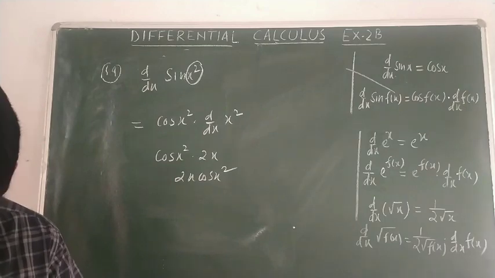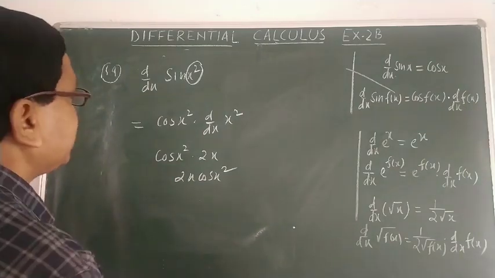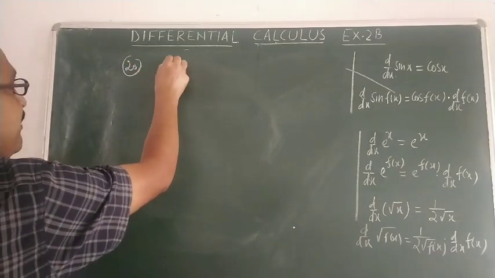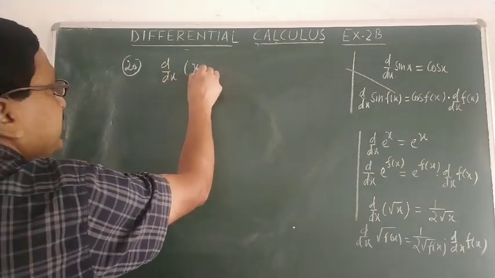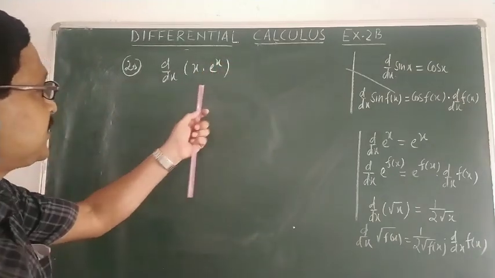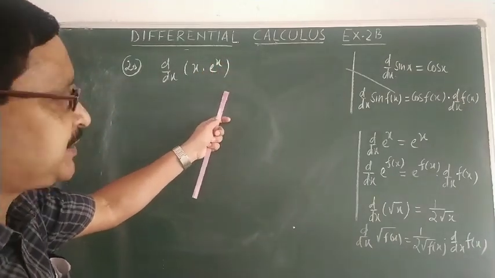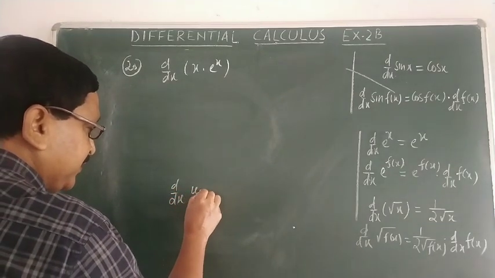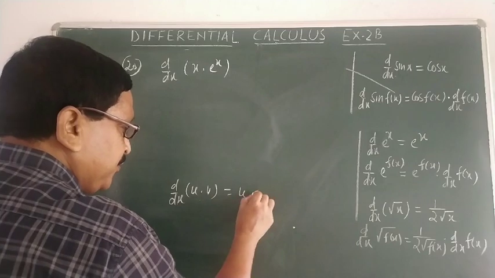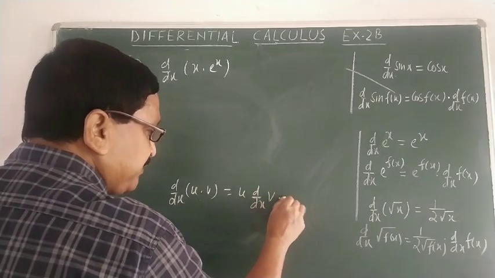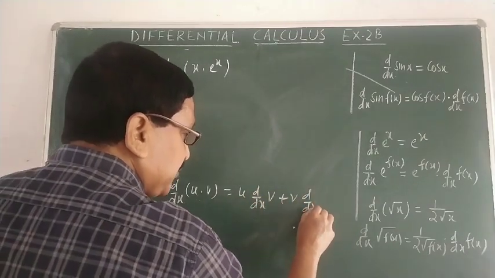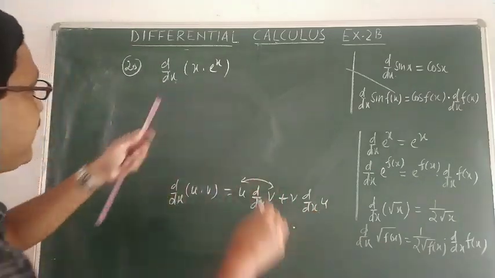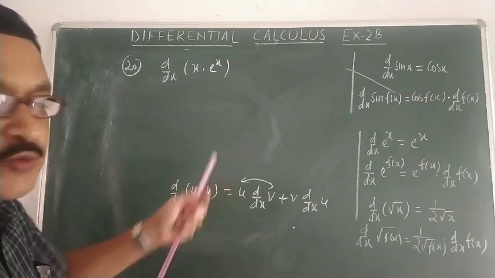Now let us select question number 20, d by dx of x e^x. Students, the u into v form is here. I have taught you that d by dx of uv is equal to u d by dx of v plus v d by dx of u. So the first function and second function, these are the two functions.